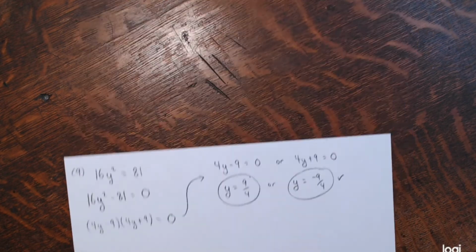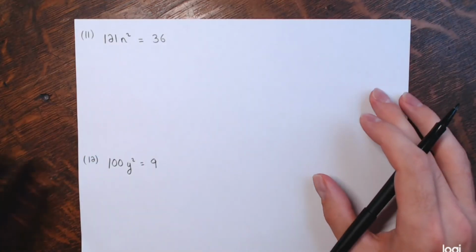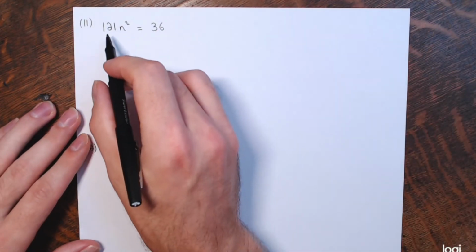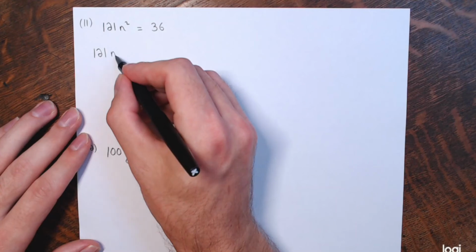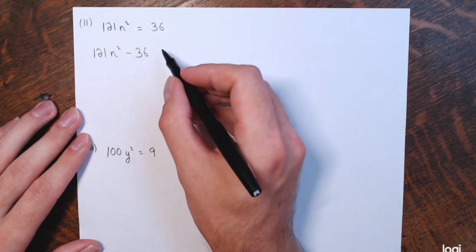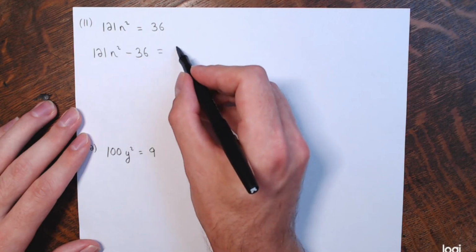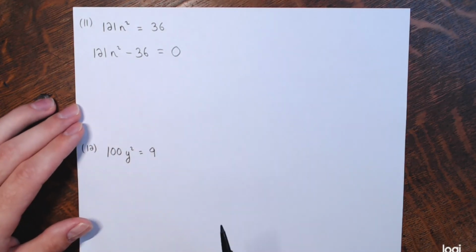Okay, moving right along. Example 11. Same thing. I'm going to take away 36 from both sides. So I have 121n squared minus 36 equals 0. Right. Simplified polynomial on one side, 0 on the other.